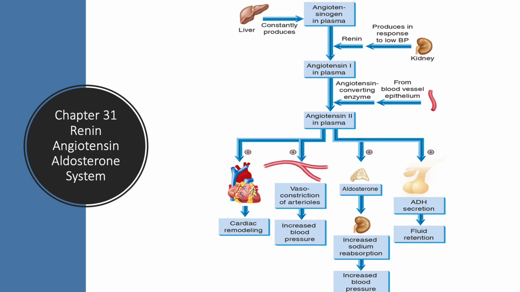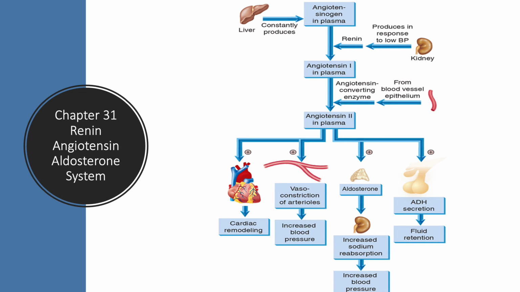Well, if angiotensin 2 causes ADH secretion, well, ADH is now in the bloodstream. It's going to reabsorb even more fluid, because that's what it does. And that's going to increase your blood pressure. And that was the initial intention of this entire pathway. Aldosterone that's been secreted by angiotensin 2 is going to go to the kidneys, reabsorb sodium, reabsorb water, increase blood pressure. Perfect. That's what it wanted to do. The vasoconstriction we spoke about.